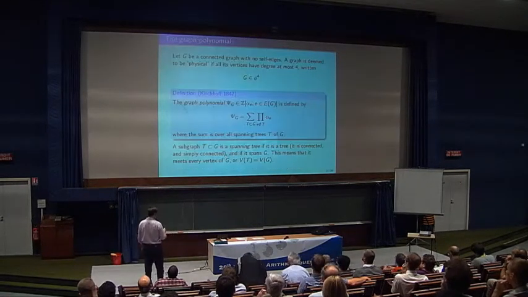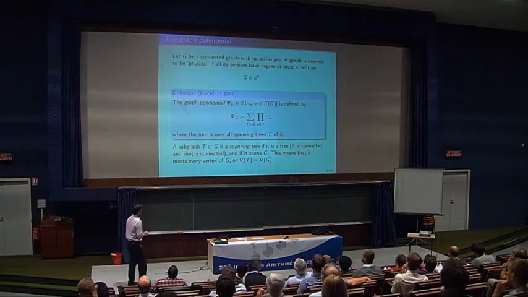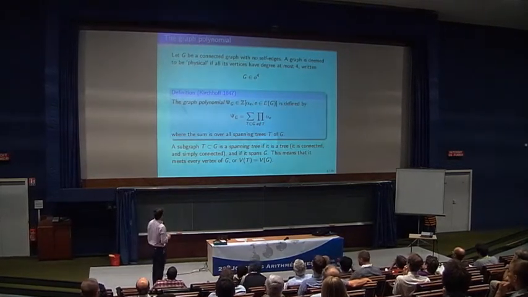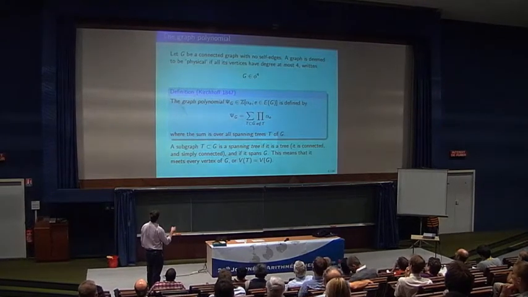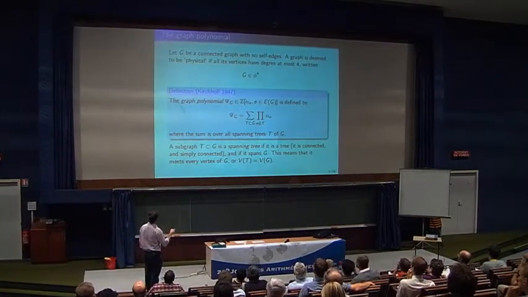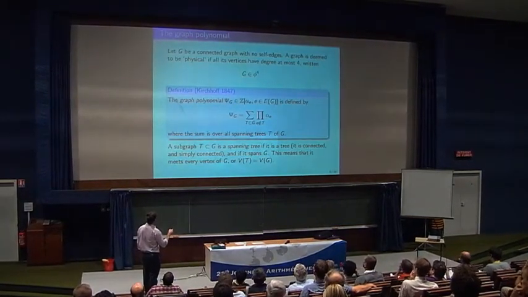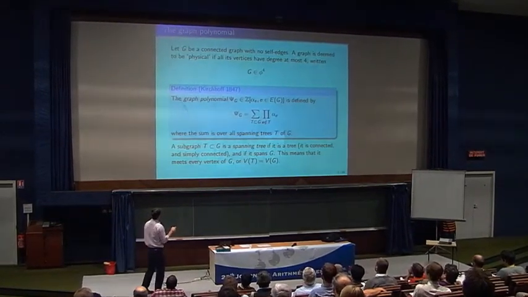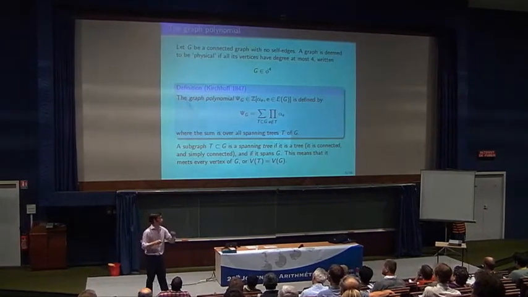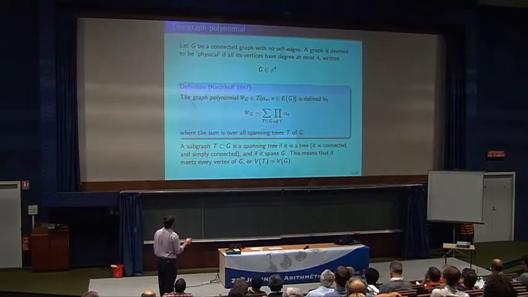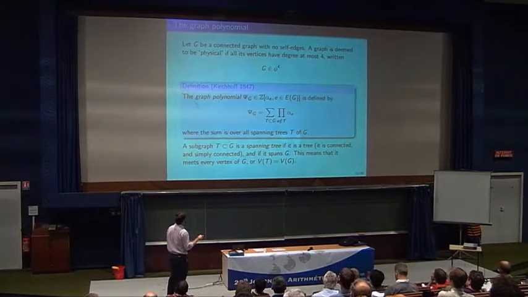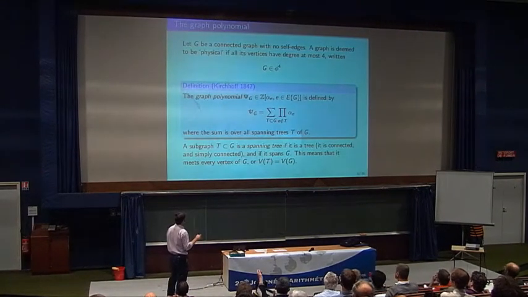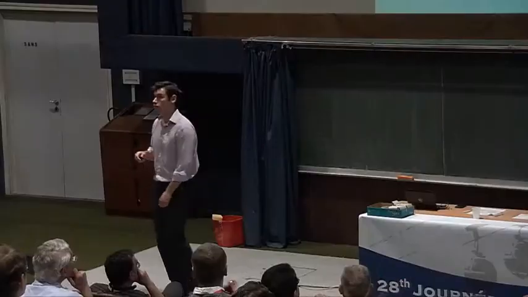Okay, so now let's write down some Feynman integrals. For this talk, I'm going to take none of these fancy squiggly lines. I'm just going to take an ordinary graph, which is undirected, so just any old connected graph with no self-edges. And there's a condition on the graphs to be physical, which is that all its vertices have degree at most 4.